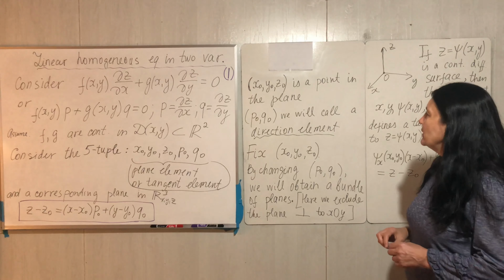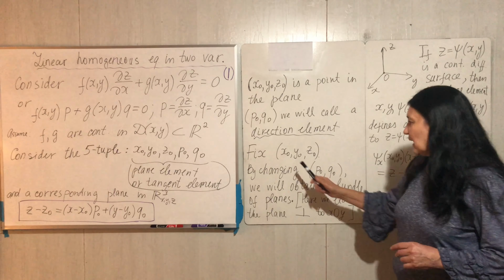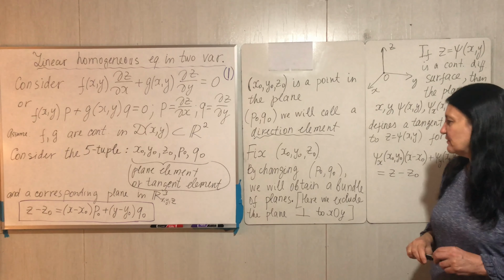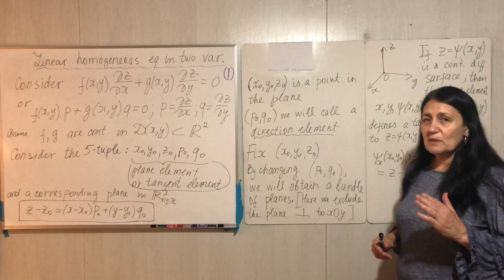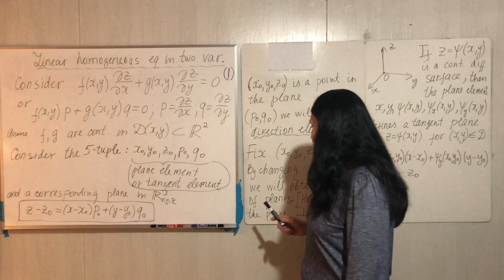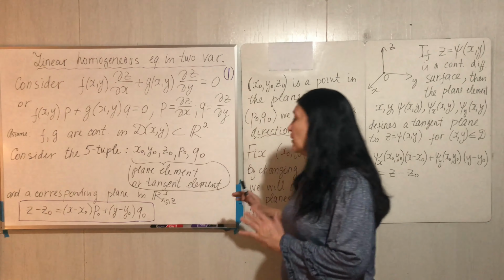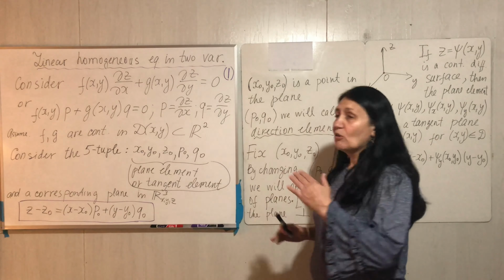Now what happens if we fix this point x0, y0, z0, and change p0 and q0? Our normal to the plane will be changing, and we will obtain a bundle of planes, so it will be many planes.